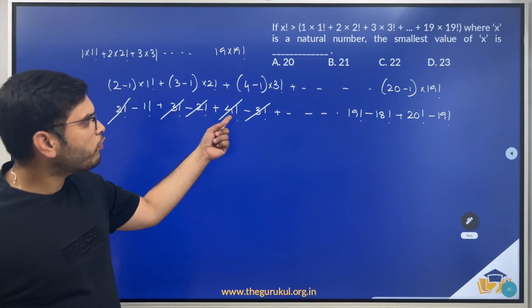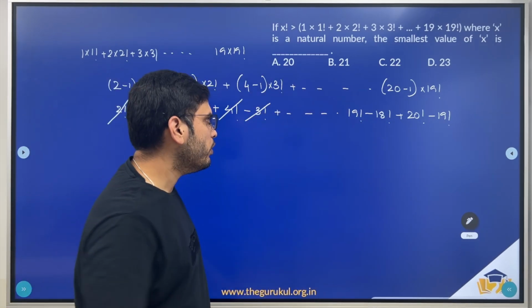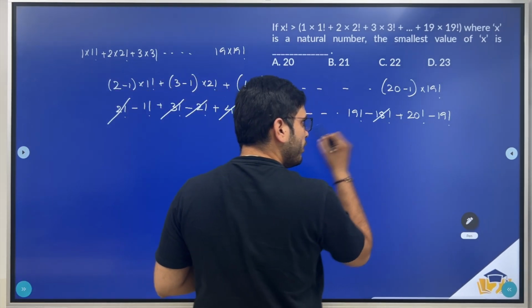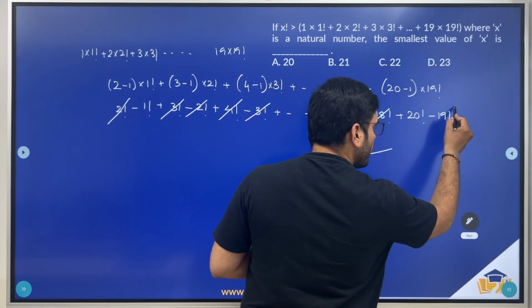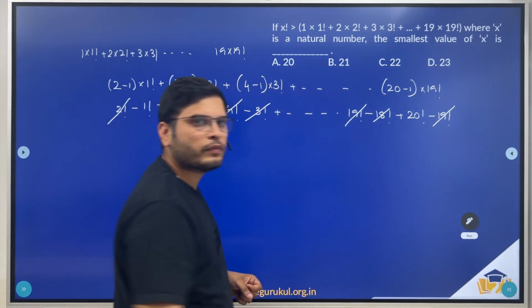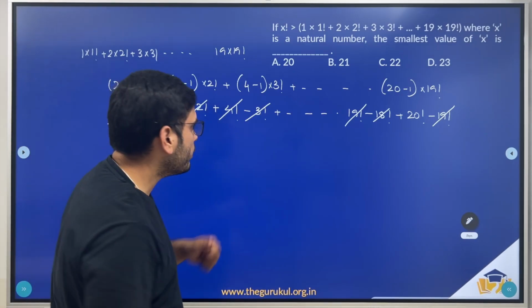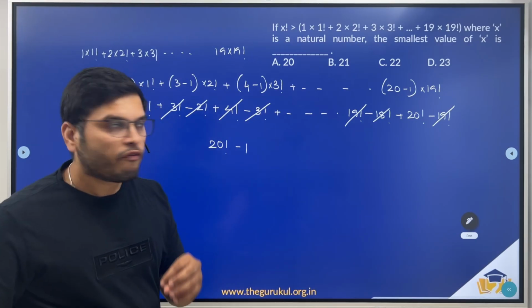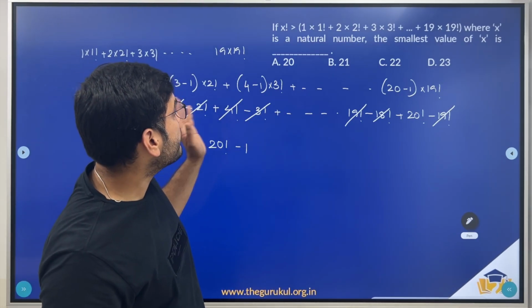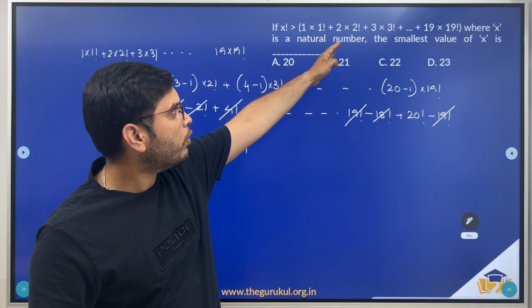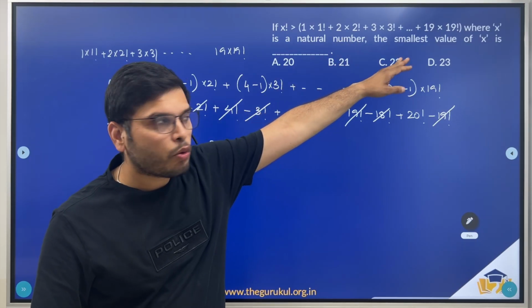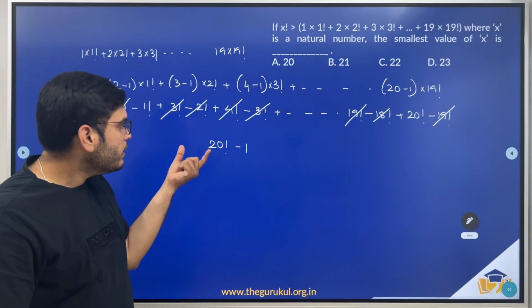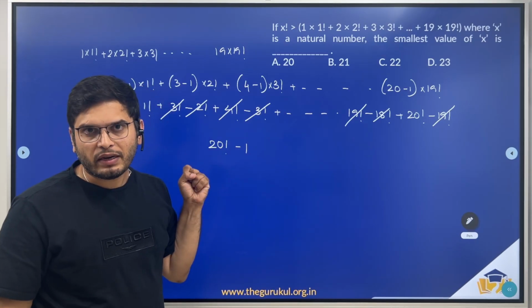Similarly, you will have plus 4 factorial minus 4 factorial, plus 18 factorial minus 18 factorial, plus 19 factorial and minus 19 factorial. So we are left with only 2 terms. What are they? 20 factorial minus 1. So the value of the expression 1 into 1 factorial plus 2 into 2 factorial plus 3 into 3 factorial, so on till 19 into 19 factorial is nothing but 20 factorial minus 1, right?